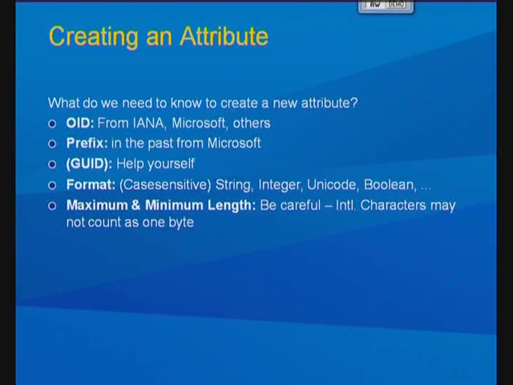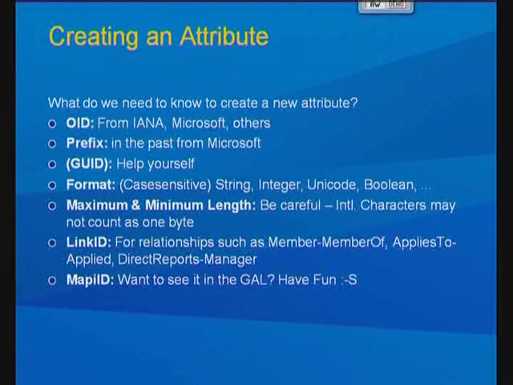Then we have link IDs and MAPI IDs. Link IDs are relationships such as member, member of. We covered this in my Active Directory session 2 days ago, and it also applies when we have password settings objects or direct reports, manager. The best example here is the member and member of groups.